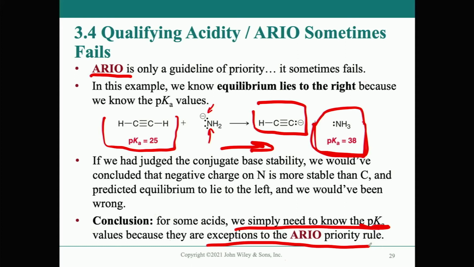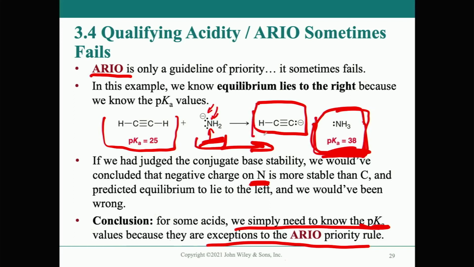And in this case, we would think based on REO, because the A in atom says that the more electronegative atom is more stabilizing of the negative charge, that the nitrogen would be more stabilizing in the anionic amine right there, right? But it turns out the pKa outweighs the importance of REO, and ammonia here has the higher pKa, which means it's much more likely to stay as ammonia than be this anionic form.